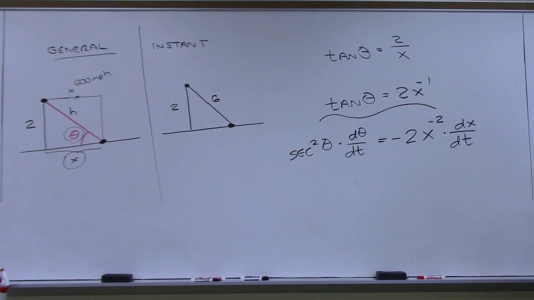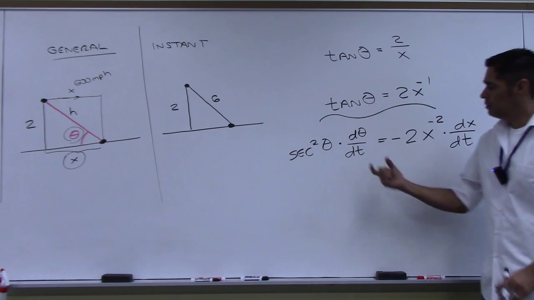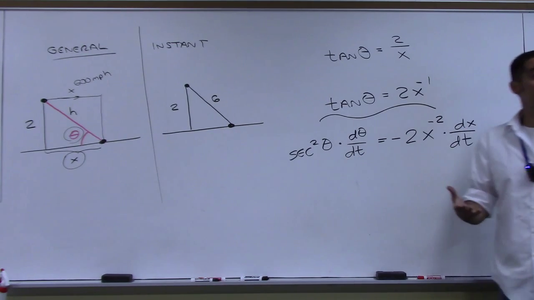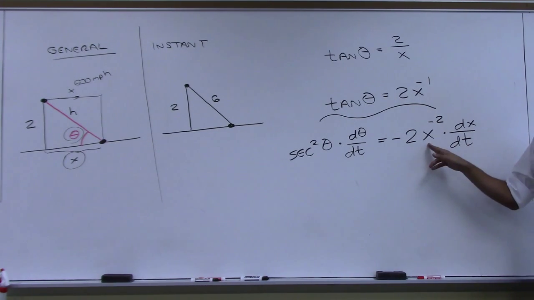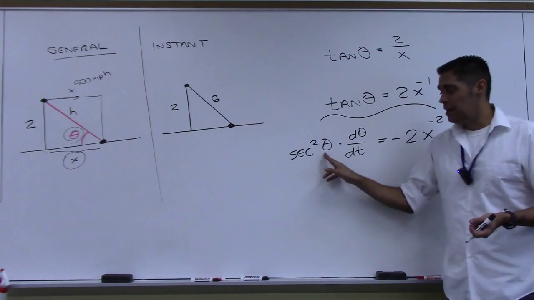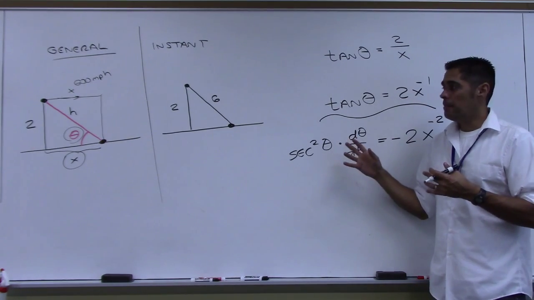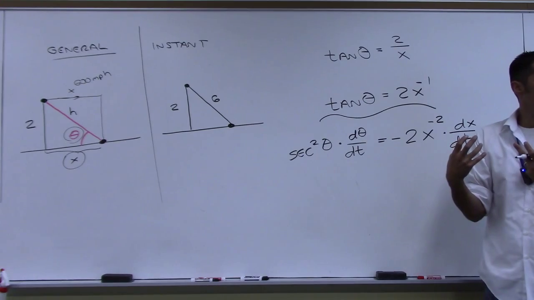Now, in order to be sure I've got this, I need to look at that derivative and make sure everything I have is in there, right? So what were we at? We were looking for d theta dt, weren't we? It's right here. We were given dx dt. That's right here. We wanted that when h was 6. Well, h isn't in here. I have x in here, and I have theta in here. Those are things that I don't have right offhand, do I?